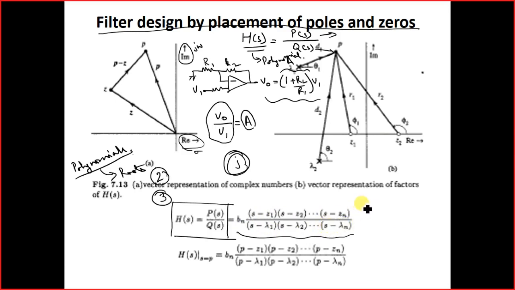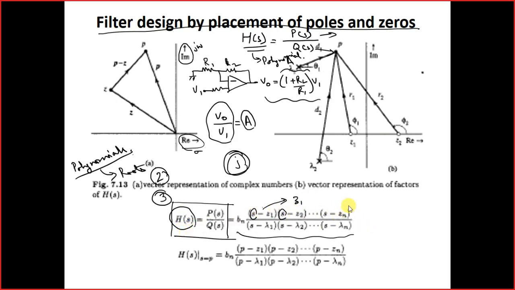Now if I take this root, then what will happen? Instead of s minus z1, if I place s equals z1, it will bring the H(s) down to 0. Similarly, if I put s equals z2, it will again put H(s) down to 0, and so on.